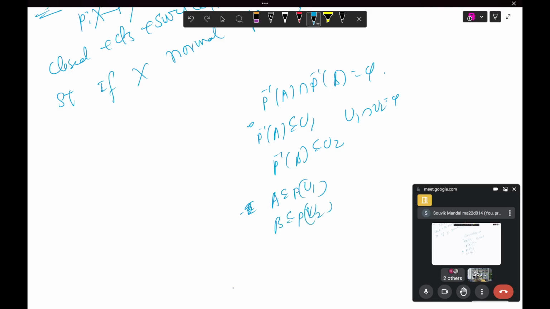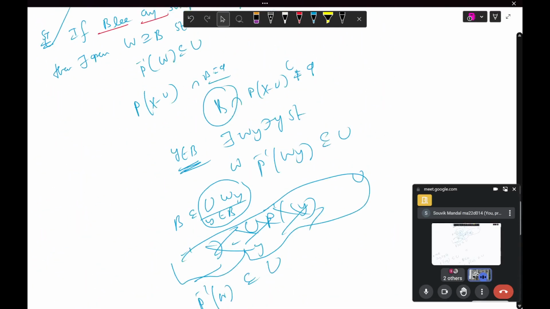Since p is given to be closed only, p is not given to be open. Correct. Since p is a closed map, basically this is what we have done in the first two portions.